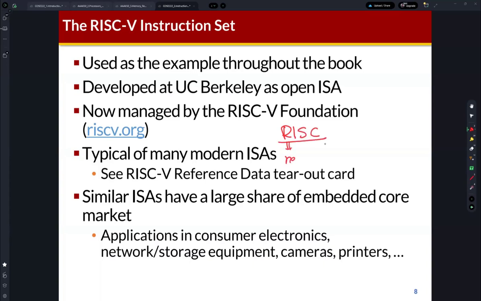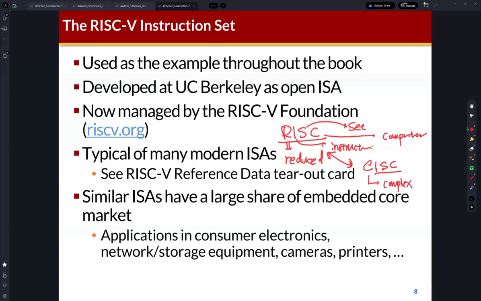R means reduced, I is instruction, S is set, C means computer. So RISC represents the reduced instruction set computer. The opposite concept is CISC. It's the same, but C means complex.